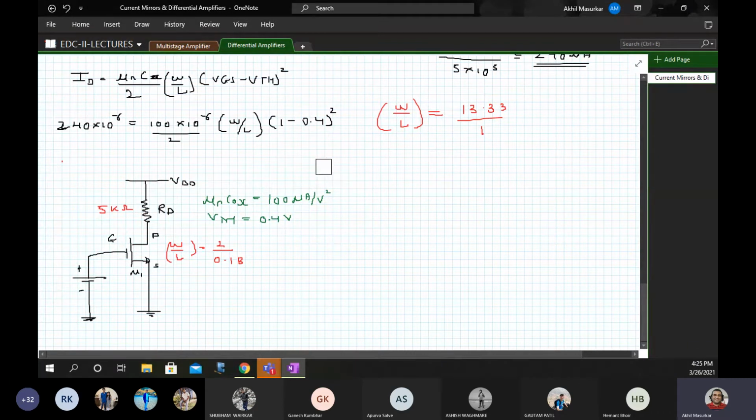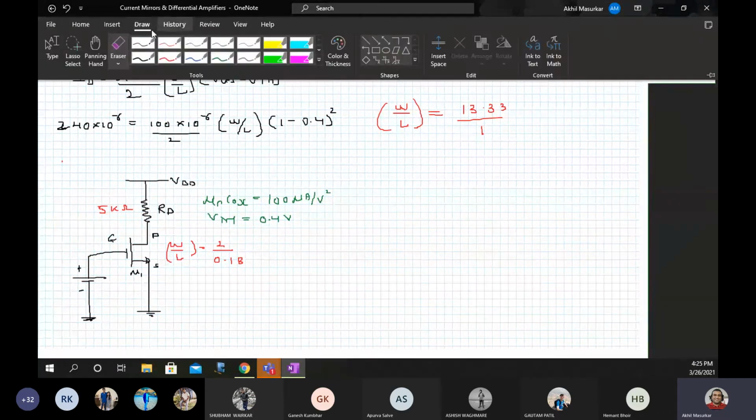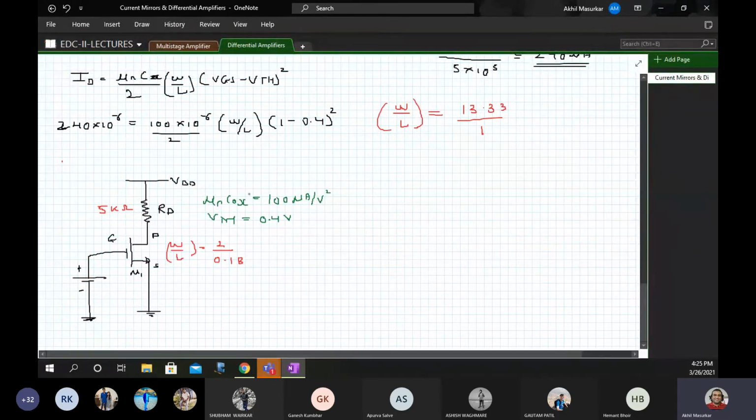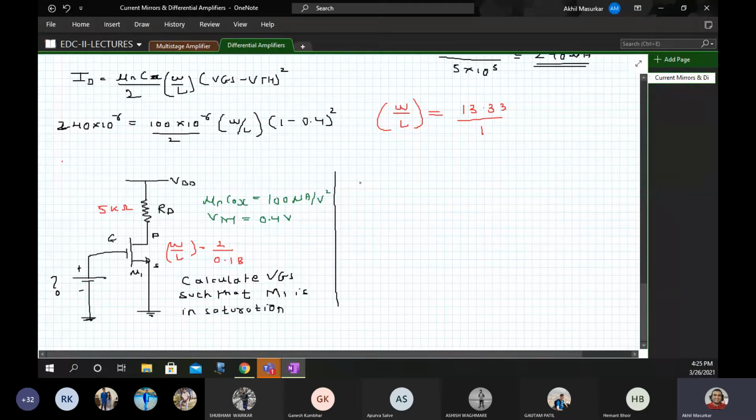What is expected from us is to calculate VGS such that M1 is in saturation. Please copy this sum.